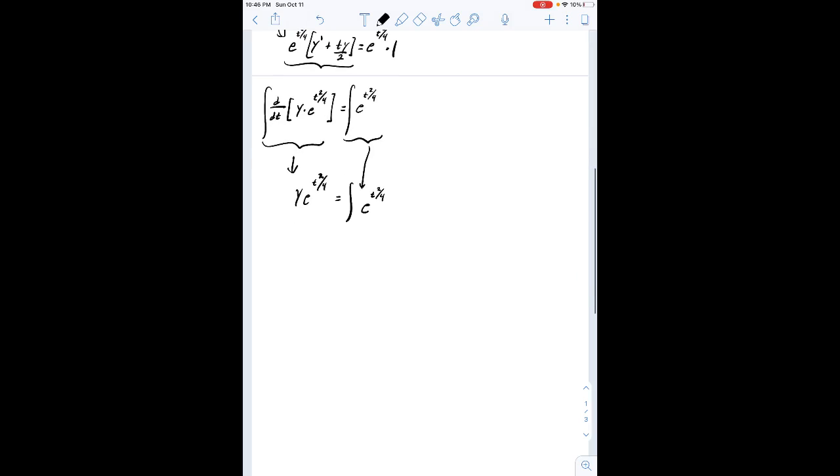So in order to solve for this, we just keep this in terms of the integral. So we say y as a function of t is equal to the integral of e to the t squared over 4 divided by e to the t squared over 4.